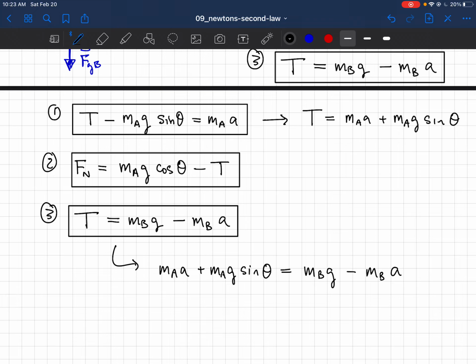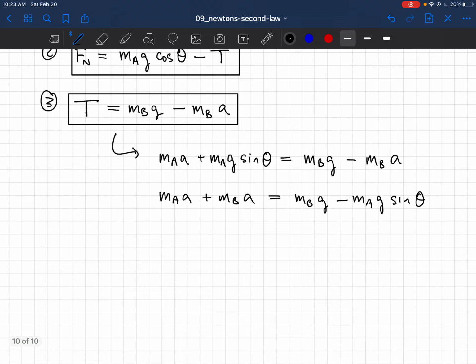So I was successful. You see, I eliminated T, and now I have a single equation that only has a in it. Well, I want to solve for a, so I group them together. So I get m_A a plus m_B a. I can subtract off the m_A g sine theta, so I get m_B g minus m_A g sine theta. And then what do I get? Well, I can pull out the a.